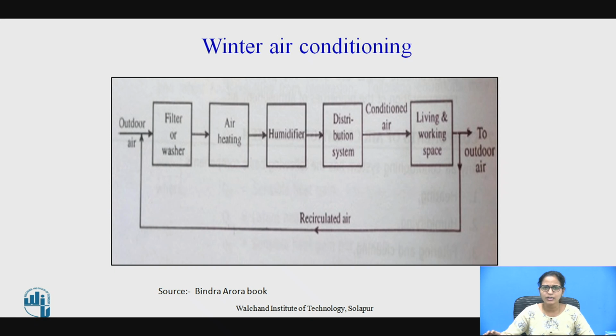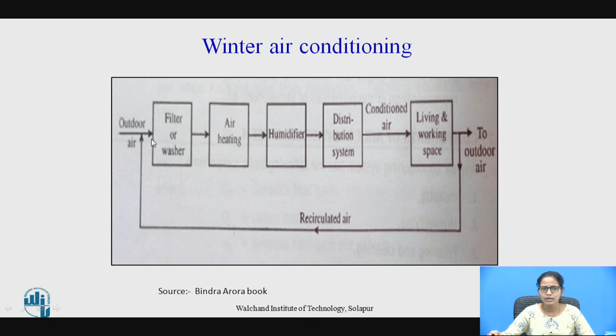Air is cleaned, then heated, and further the moisture is added to that, and then it is sent to the distribution system. After passing through the distribution system, we get the conditioned air, which is sent to the living and working space, where the occupants live, or where people or machines are working. So this is where the space is actually utilized for air conditioning.